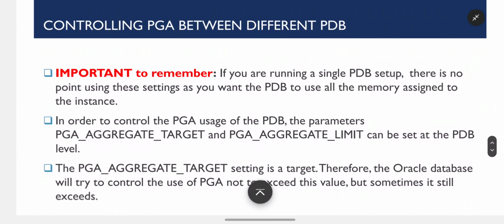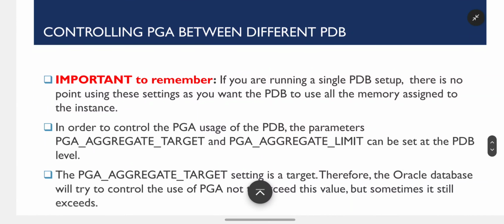Important to remember, if you are running a single PDB setup, there is no point using these settings, as you want the PDB to use all the memory assigned to the instance. In order to control the PGA usage of the PDB, the parameters PGA_aggregate_target and PGA_aggregate_limit can be set at the PDB level.